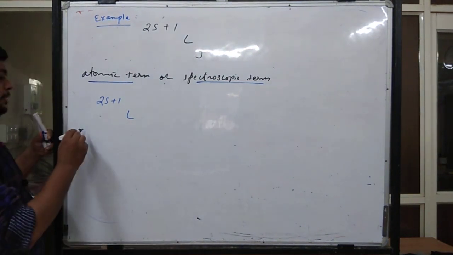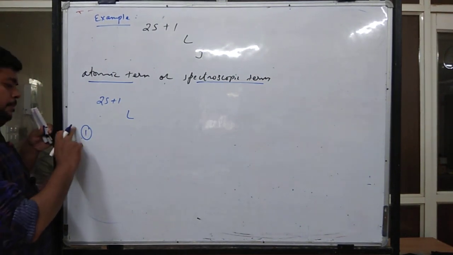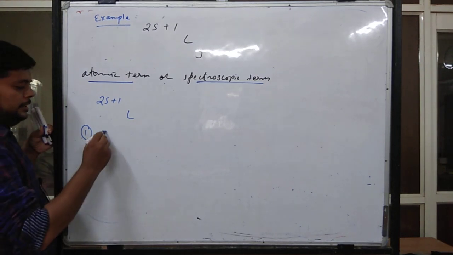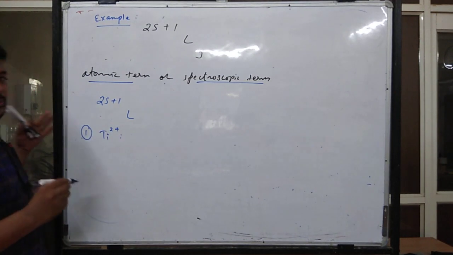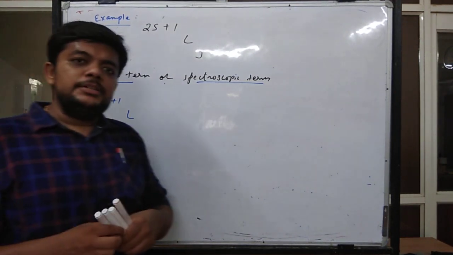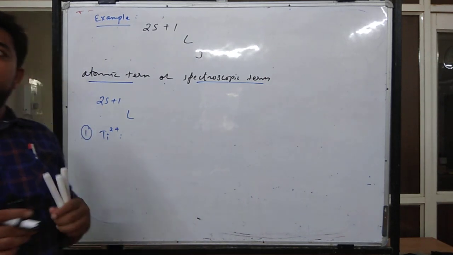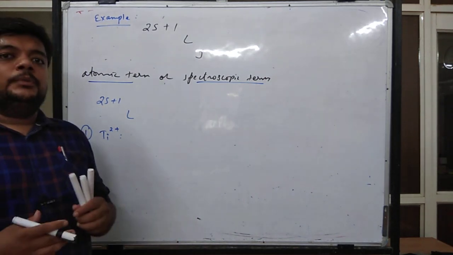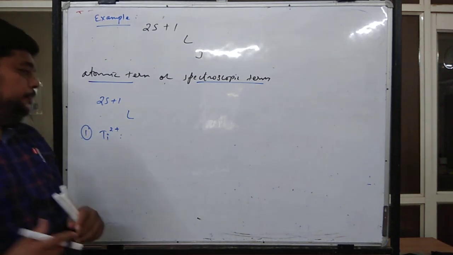Let us start with a very simple example, titanium 2 plus, Ti2 plus. We are very much aware of the general electronic configuration of titanium with atomic number 22, that is argon 18, 4s2 3d2.